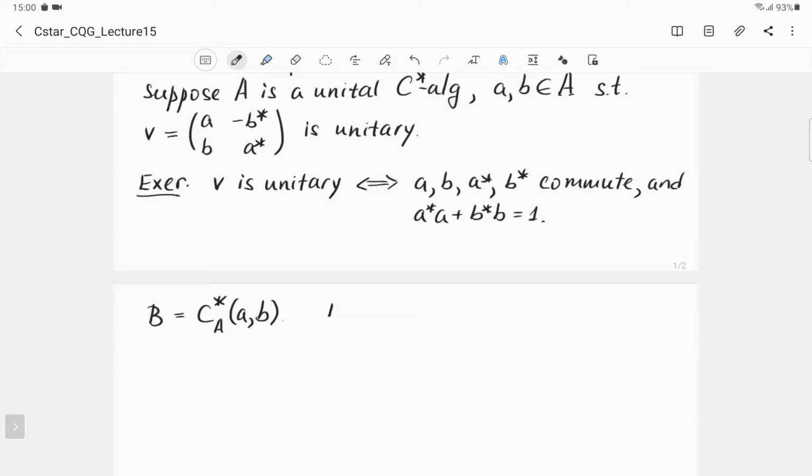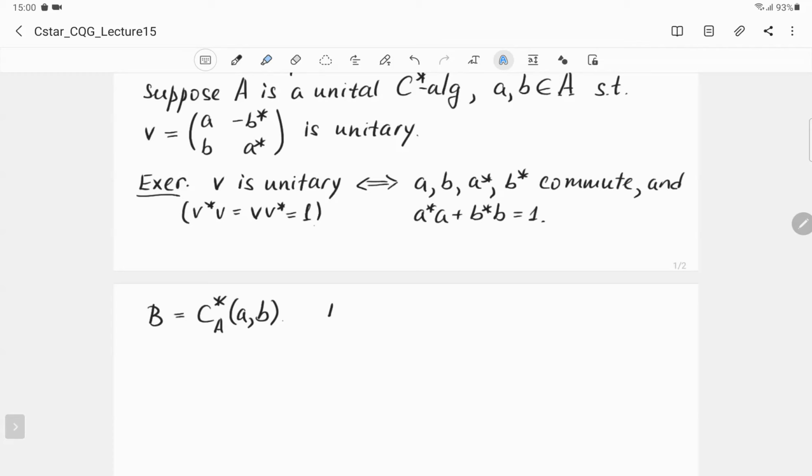Sorry, let me write this down. This is the definition of a unitary element. So when we write this down explicitly and calculate the product of matrices, we see that this is equivalent to the following conditions on a and b.